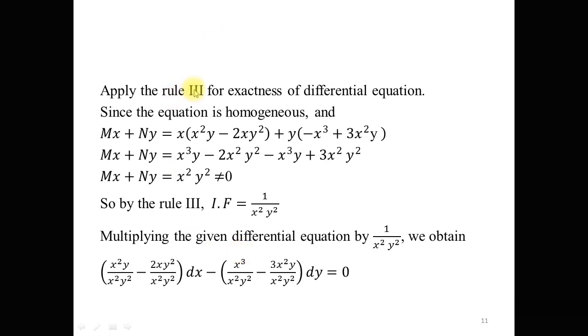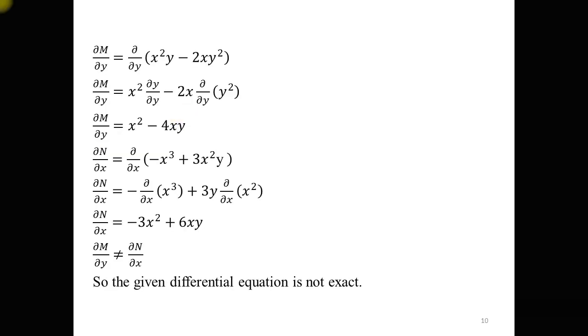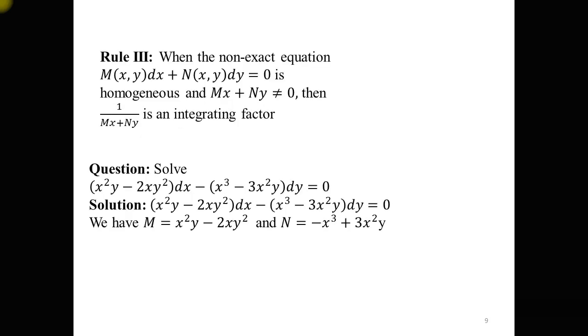Now applying rule third for the existence of the integral factor, since the equation is homogeneous and Mx plus Ny does not equal 0. How can we check that the equation is homogeneous? Dear students, you see over here that this is the M function and this is the N function.